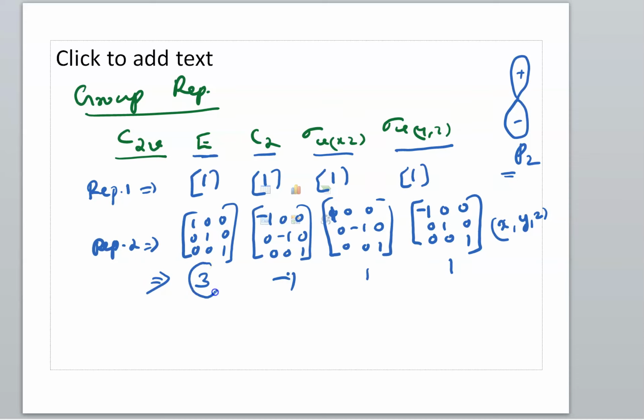Actually, the character of the identity operation is the dimension of the representation. Here the character is 1, therefore it's a one-dimensional representation. Here the character of the identity operation is 3, therefore it is a three-dimensional representation. By looking only at the characters, we can find the dimension of the matrices from the character of the identity operation.